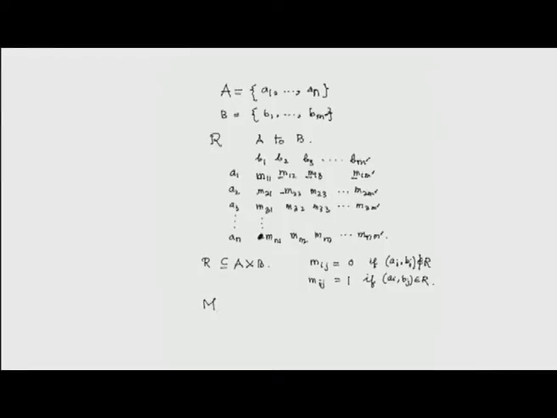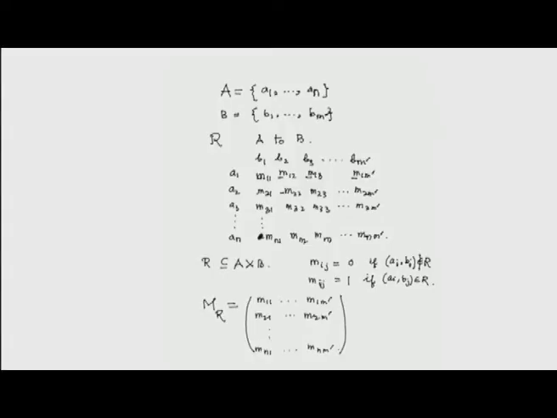So, this matrix that we denote by M sub R is equal to M11 up to M1m dash, M21 up to M2m dash, and so on, and in the last row it is Mn1 up to Mn m dash.